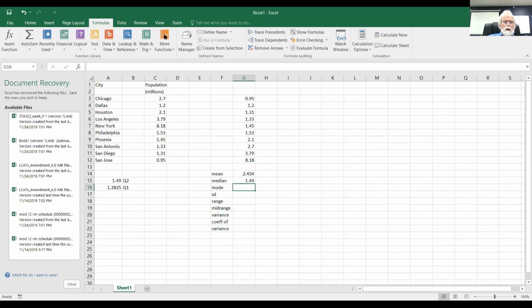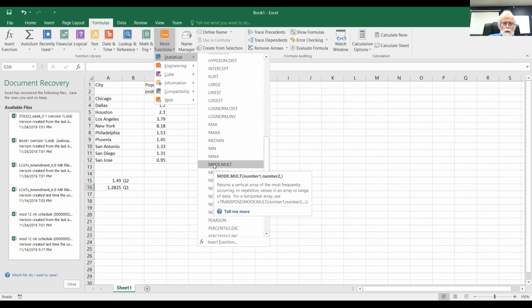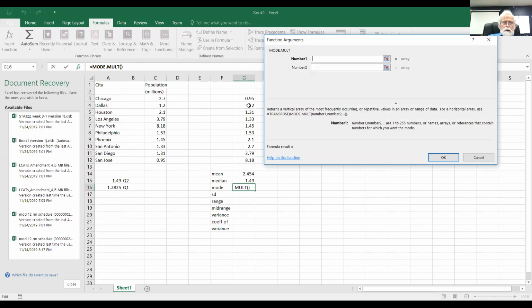Mode is another one. Let's take a look and see. Looking at this, you can see there are no modes, because mode requires that you have multiple values. Okay, so we've outlined our range.